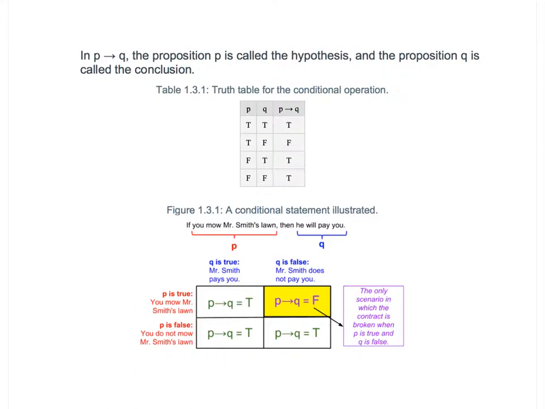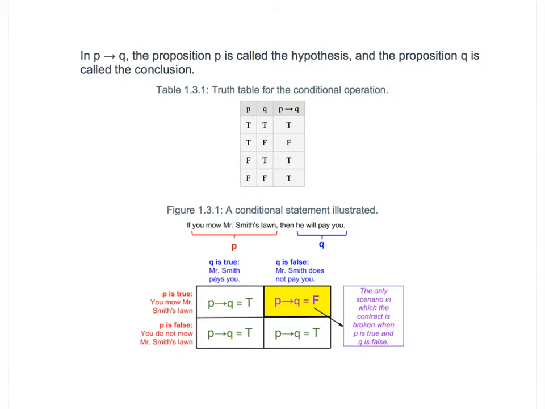Interestingly, when P is false in the last two rows, the value of the conditional statement is still true, which means that if the hypothesis is false, no matter what the value of Q is, the conditional statement is true. In the third row, P is false but Q is true, therefore the conditional statement is true.